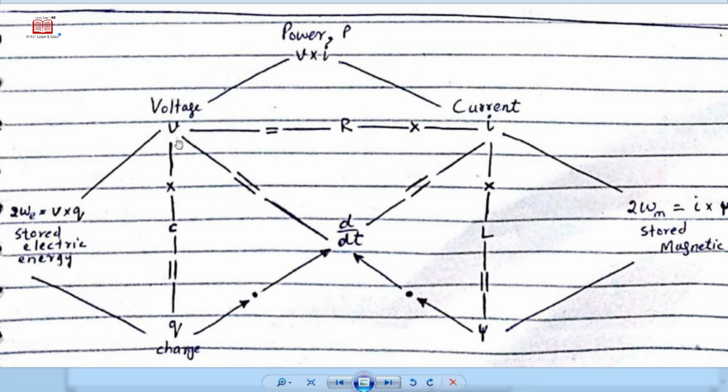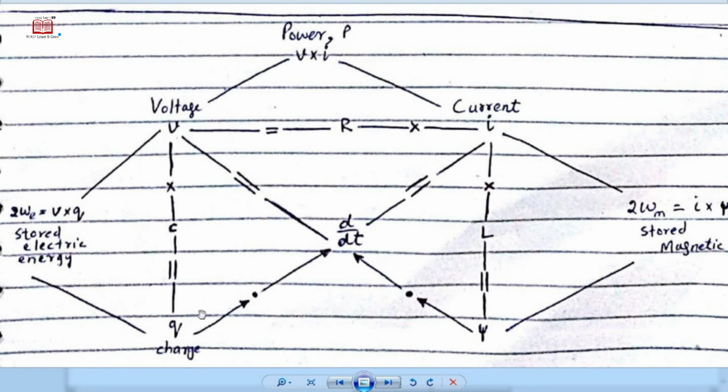We cannot come back here in this way, like a U-turn. We cannot take the U-turn. This is the straight way, that is the arrowhead, meaning the derivative of the flux with respect to time is equal to voltage. You are going toward this straight side.